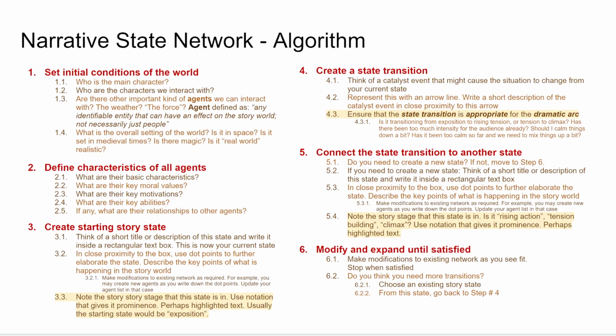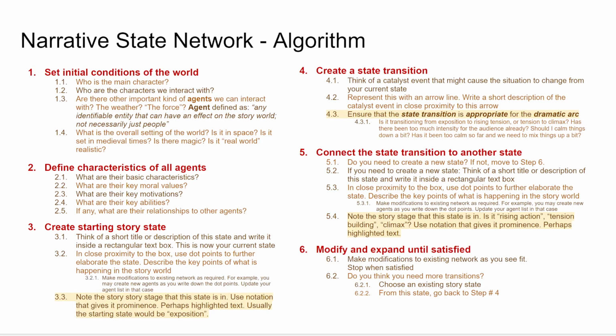Essentially, the first step is we need to set up our world, and then once we've set up our world, that's when we start expanding it out. And you can see the iterative design process is built into this, because every time you make modifications, you're allowed to go back and change anything else that you've put in before.